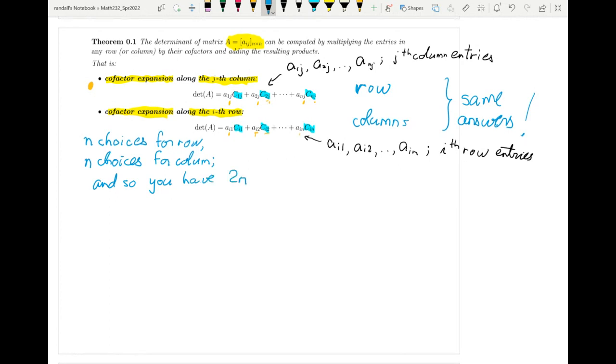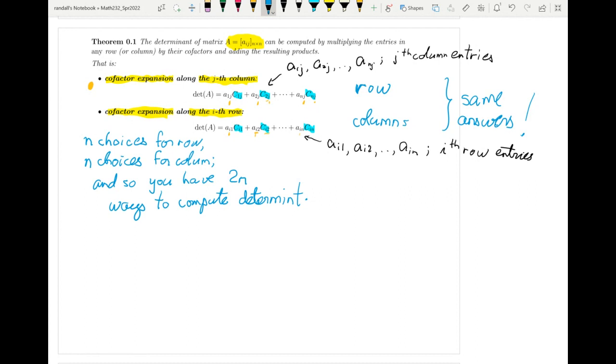You have 2n ways to compute the determinant. That's a lot of choice. All of them give you the same answer. That's one of the keys in this theorem: there are 2n different formulas here, and they all give you the same number, which is the determinant. That's why we call it the determinant. There's only one determinant of a matrix, but there are many ways to compute it. That's the interesting feature about the determinant function.